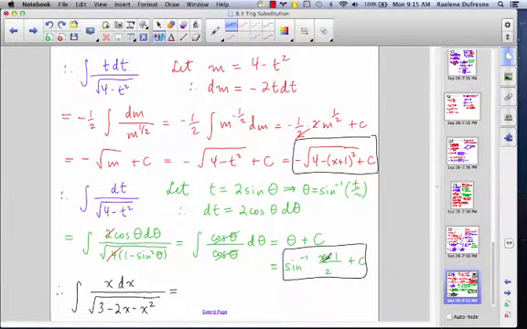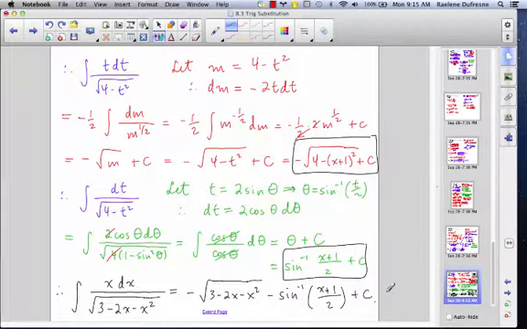Actually, the difference, if you recall, we had a minus sign here. So we get an answer of negative square root of, this inside works out to 3 minus 2x minus x squared, minus sine inverse of x plus 1 all over 2 plus a constant.